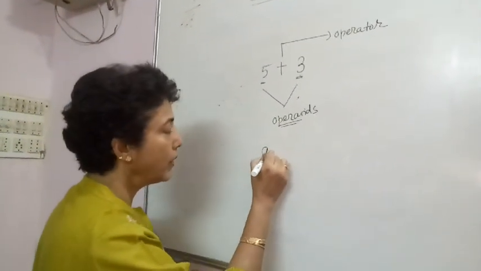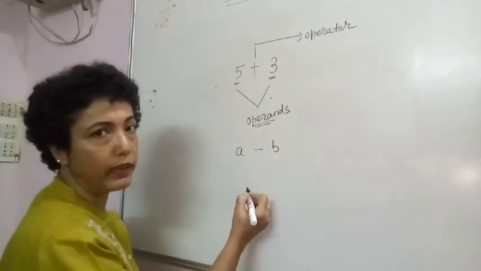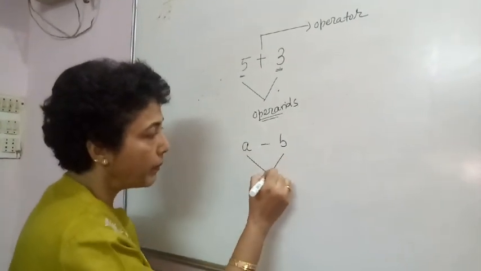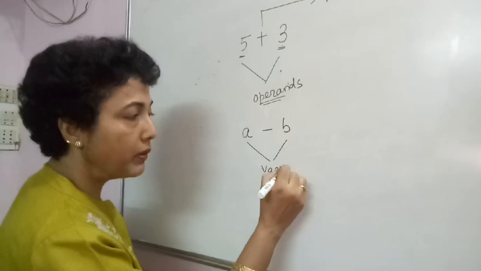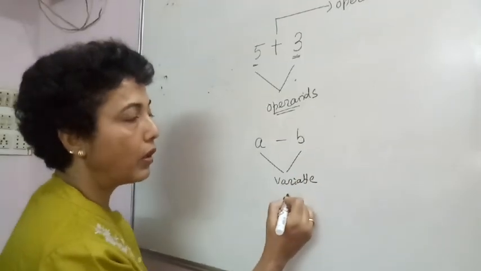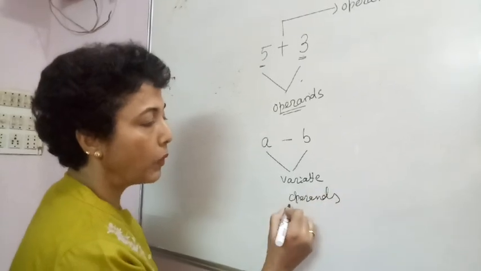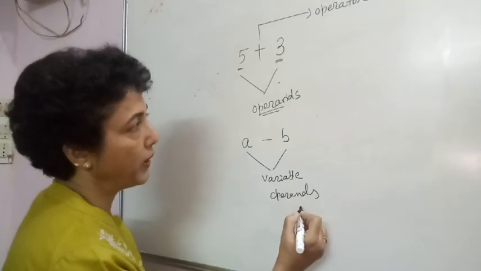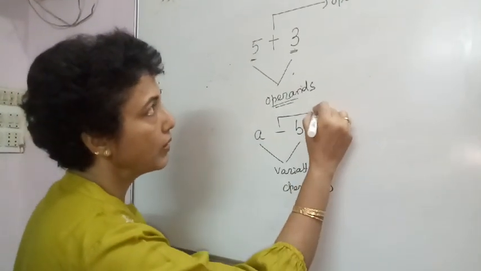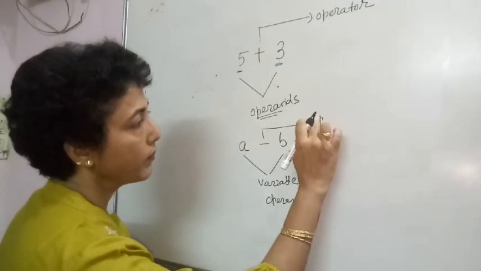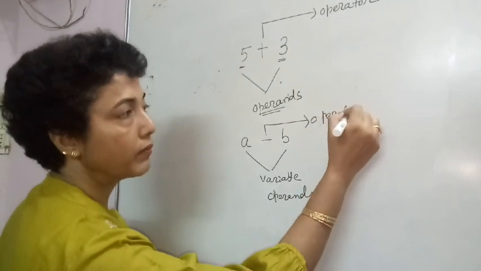For example, a minus b. Here a and b are variables. The other term used for them is operands, O-P-E-R-A-N-D-S, operands, and this is the operator.